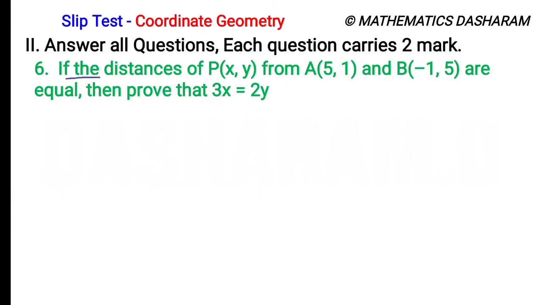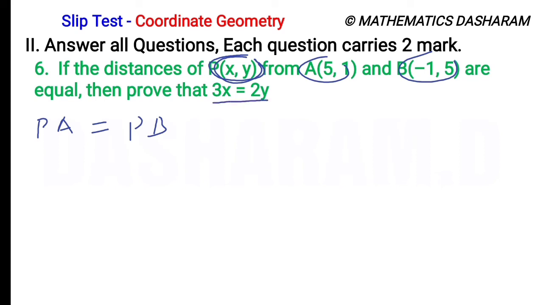Sixth problem: if the distances of P(x, y) from A and B are equal, then prove that 3x equals 2y. See here, the distance of P from A, that means PA, and the distance of P from B, that is PB, both are equal. Then we have to prove that 3x equals 2y.